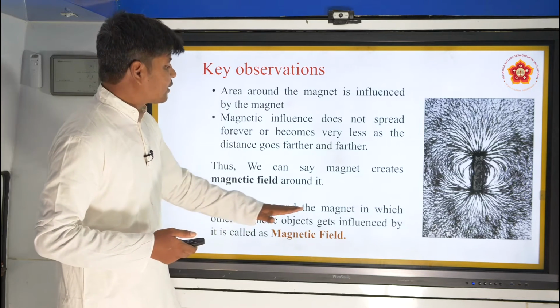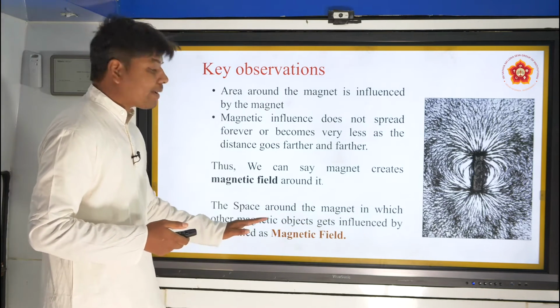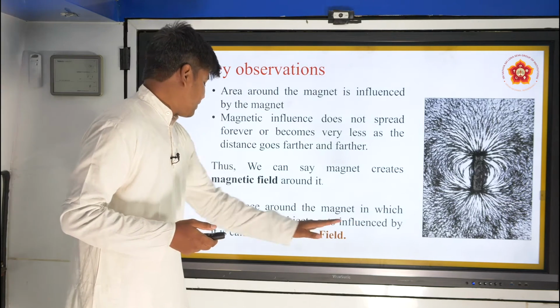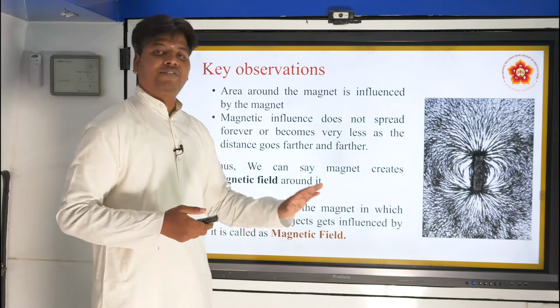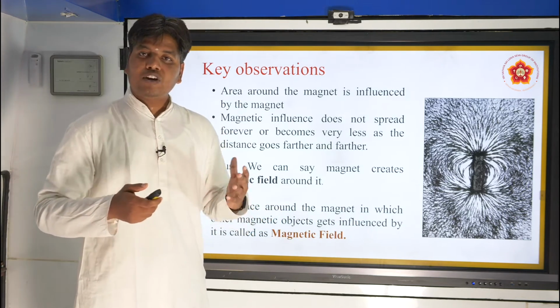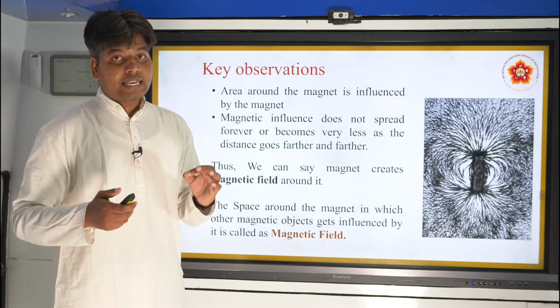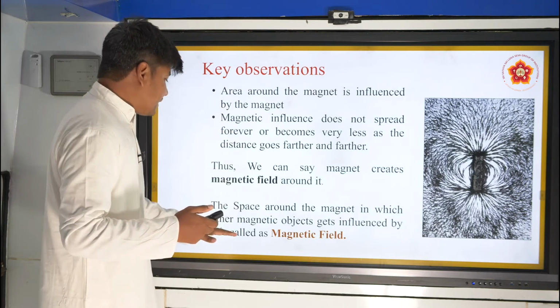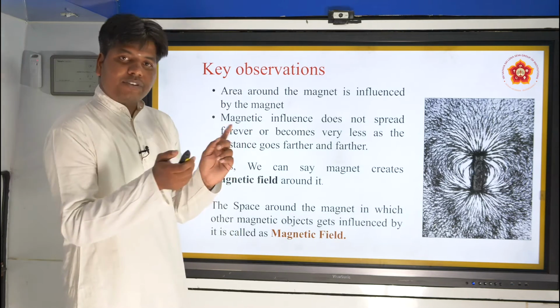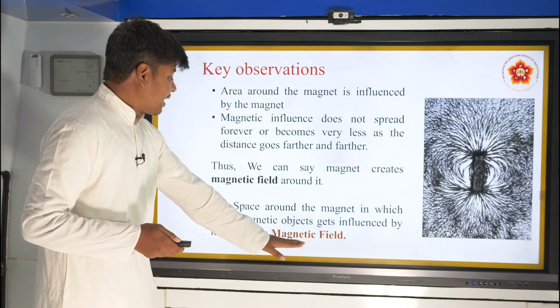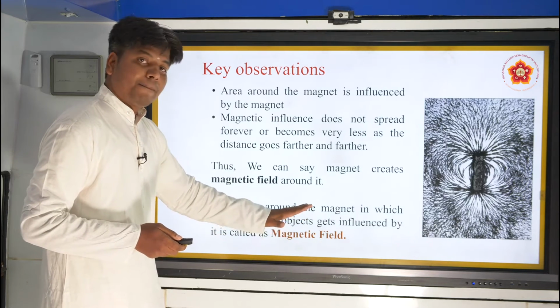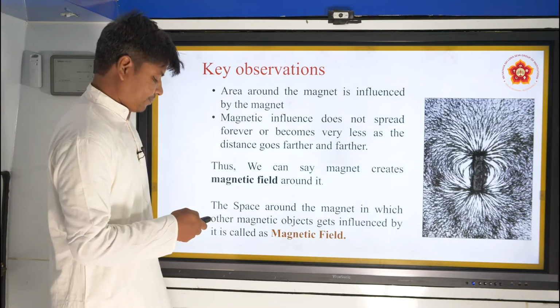The space around the magnet in which other magnetic objects get influenced by it is called a magnetic field. So any magnetic object that gets influenced around the magnet, we call that region the magnetic field.